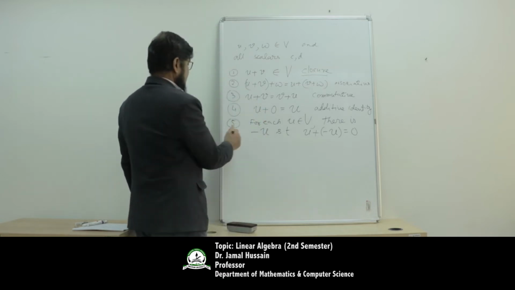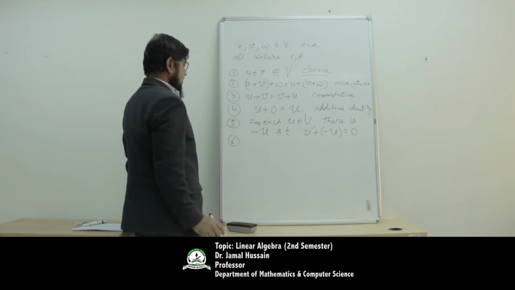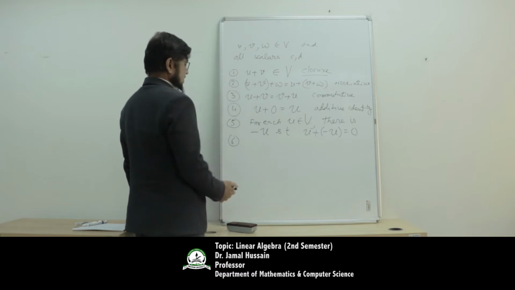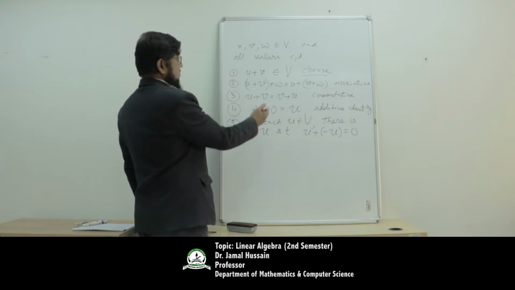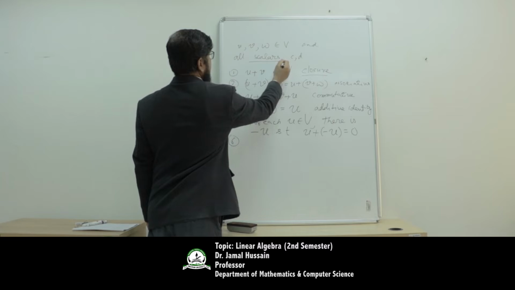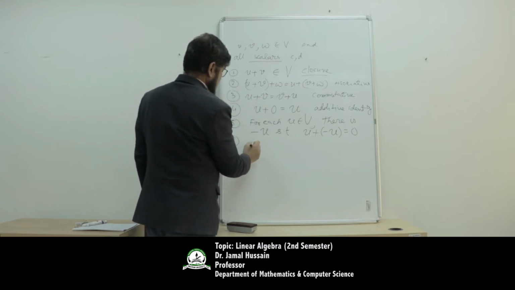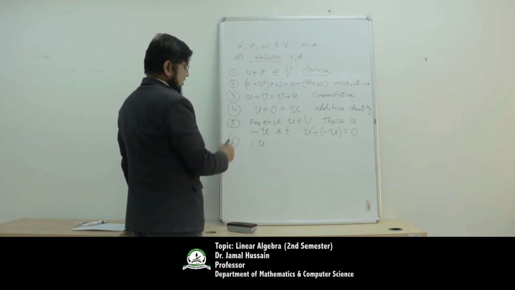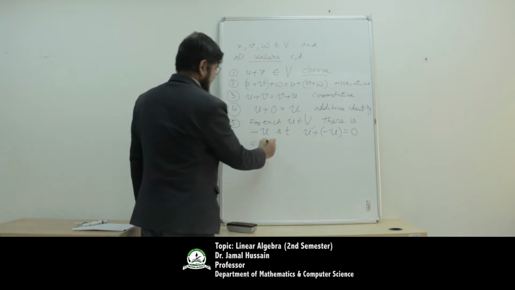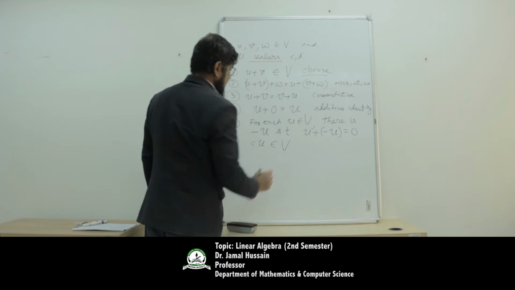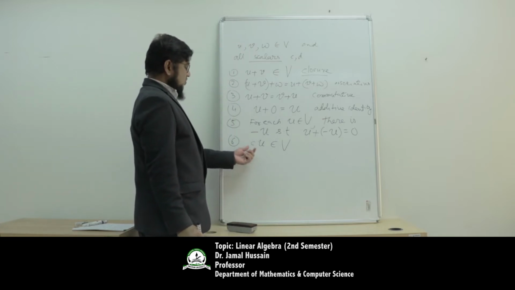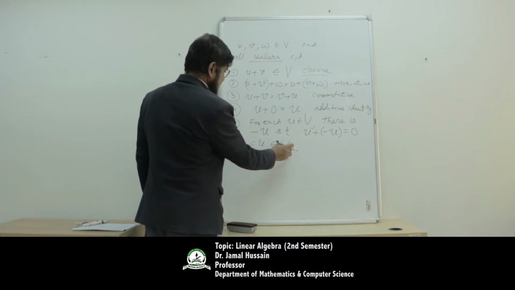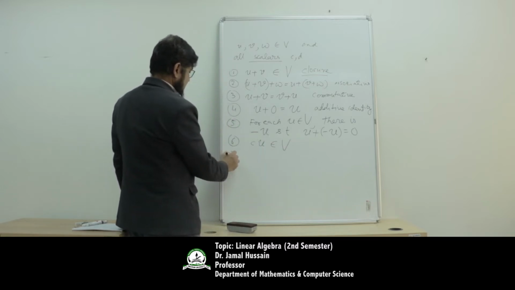So these are the first 5 rules, and the other 5 are in respect of scalar multiplication. If I multiply any vector by a scalar c, then the result must belong to the vector space. This is the closure property of scalar multiplication.